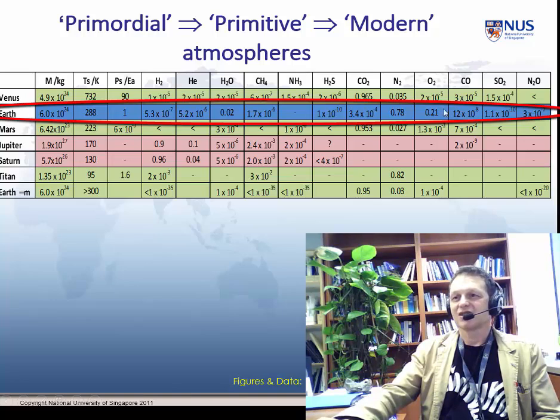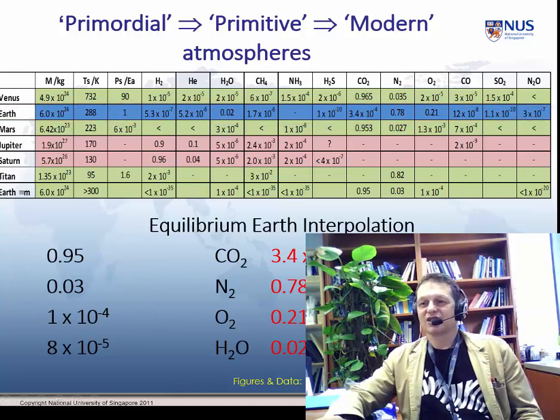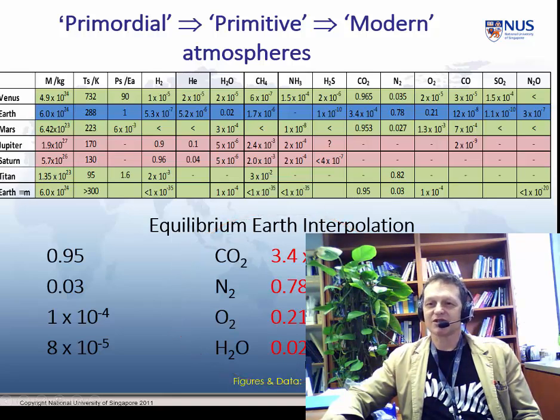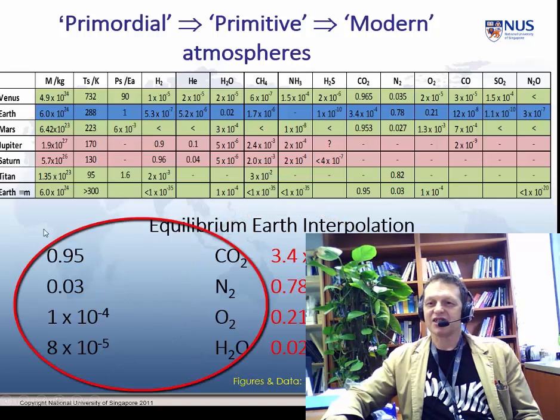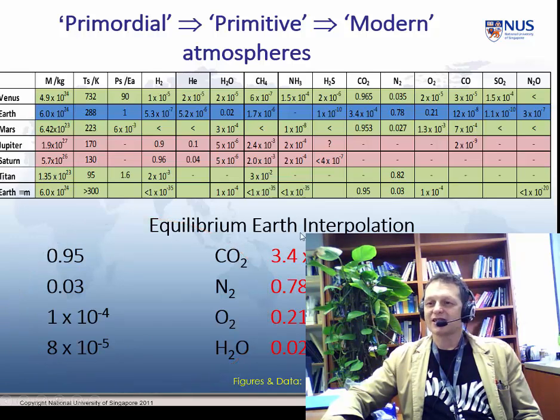Because this blue band is the current Earth atmosphere. And to make the point rather clear, this is the current composition on average of the Earth's atmosphere, and this is, if you like, the primitive atmosphere. So effectively the red is the modern atmosphere, the oxygenation atmosphere that we have.